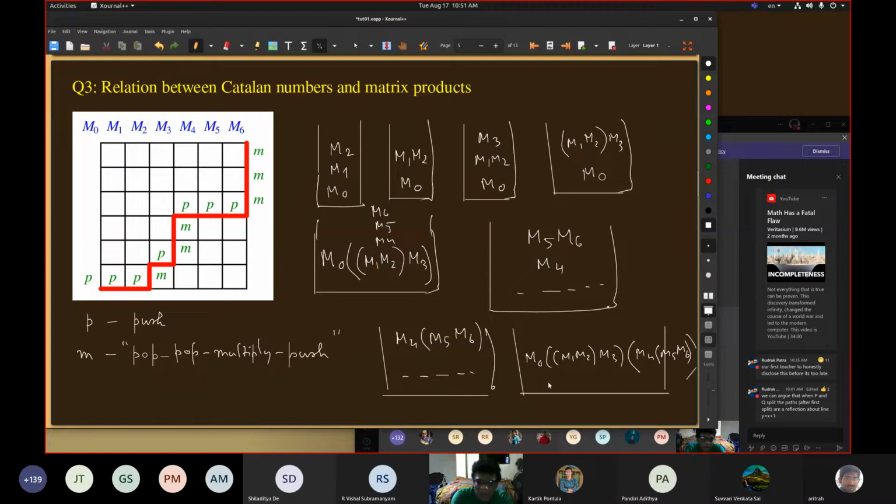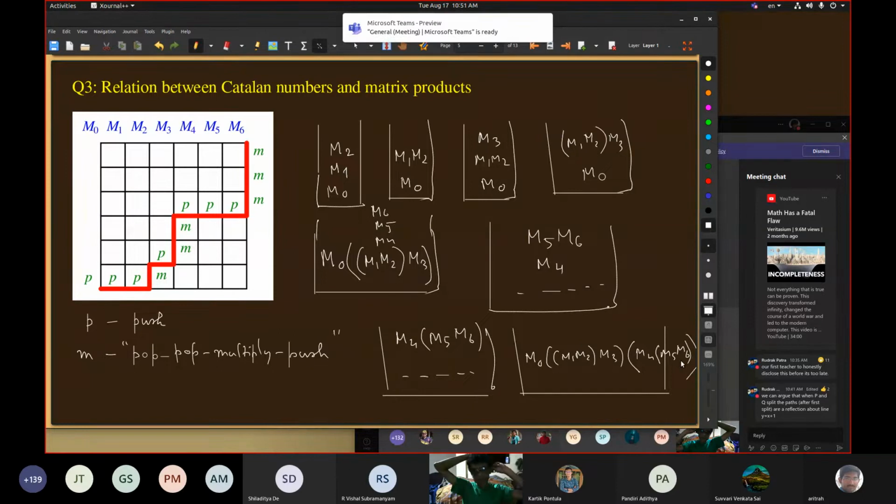And then you have to formally establish that this is once again a one-to-one correspondence between the set of all valid paths and all parenthesized products of M0 through Mn. Okay. So this can be done, so I leave it to you, but this construction is important.